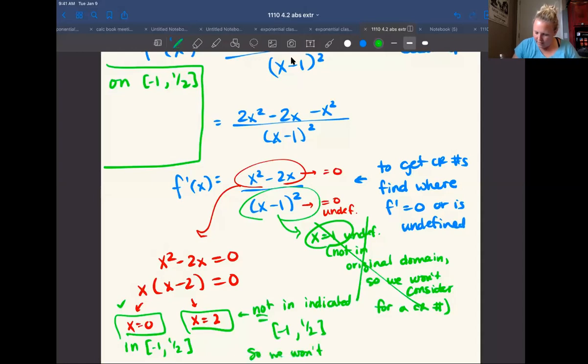We'll use it in the next section, but in order to find an absolute min or max here, we won't use it because it's not within that range.